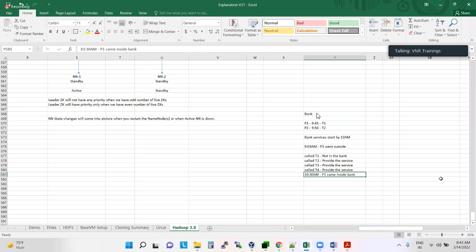Now person 1 came inside, showed his token number 1 and got the service, even though when they called him he was not in the bank. It means his token is valid even after its expiry. Correct?